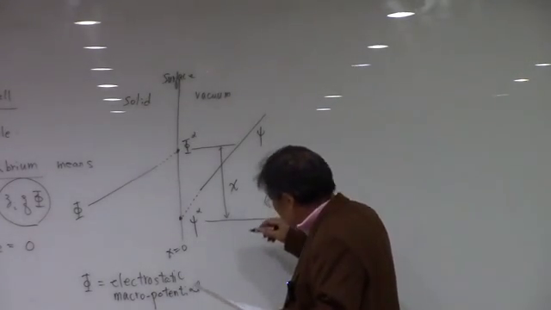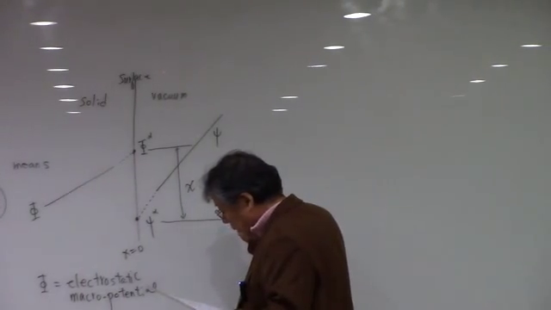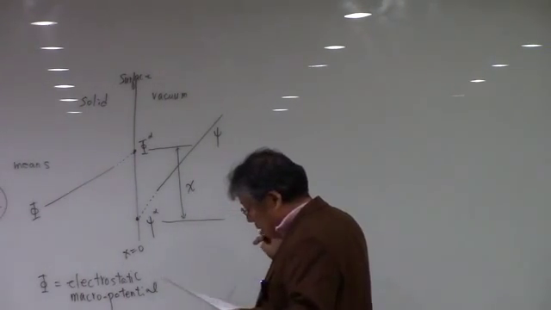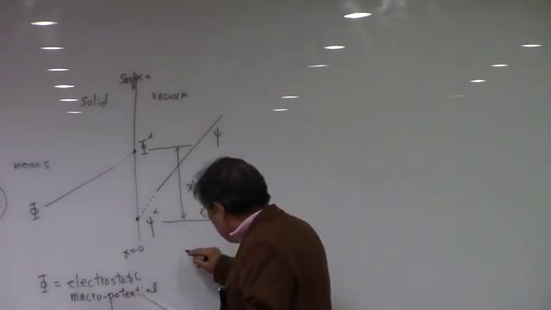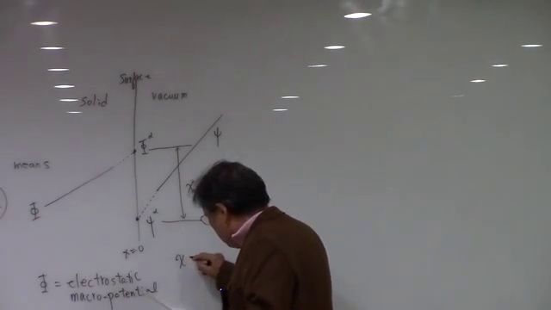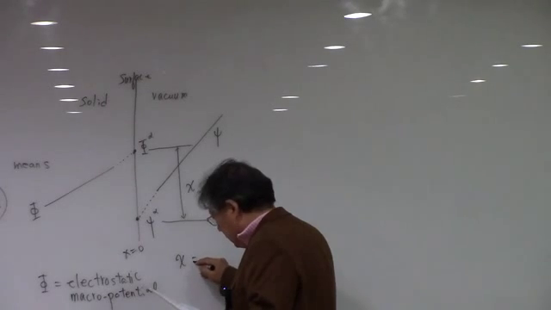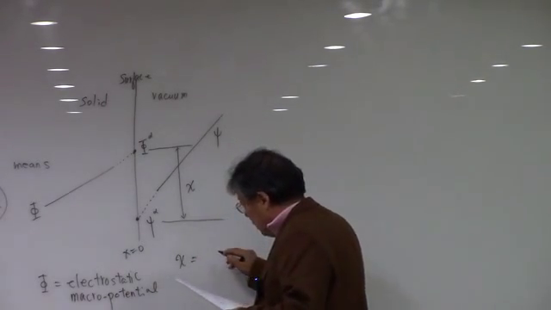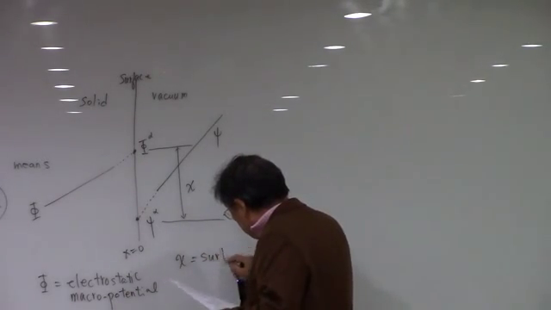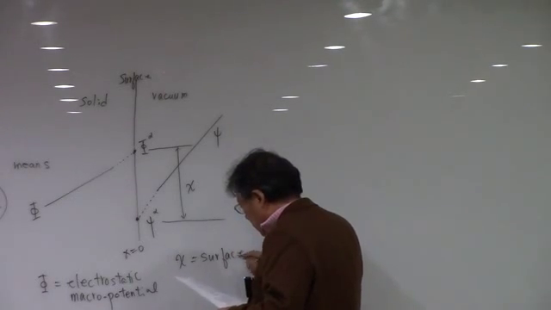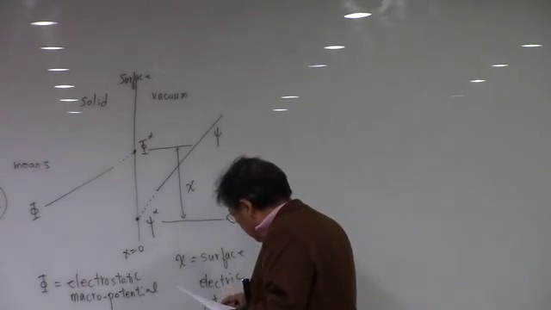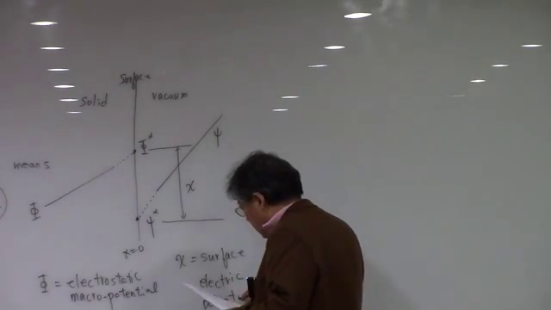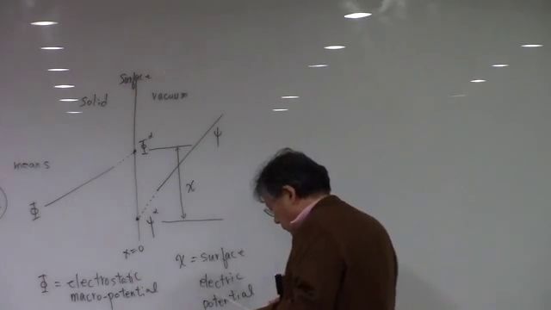And let me see. Yeah. The chi now is surface electric potential. Okay.